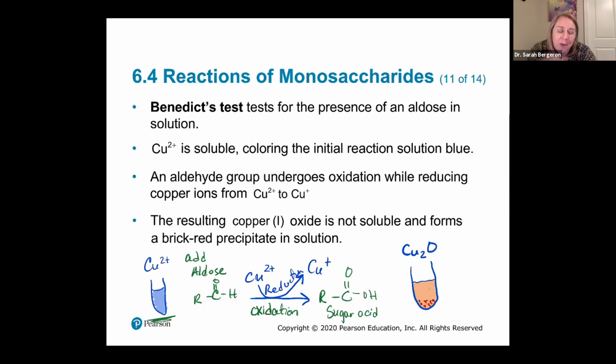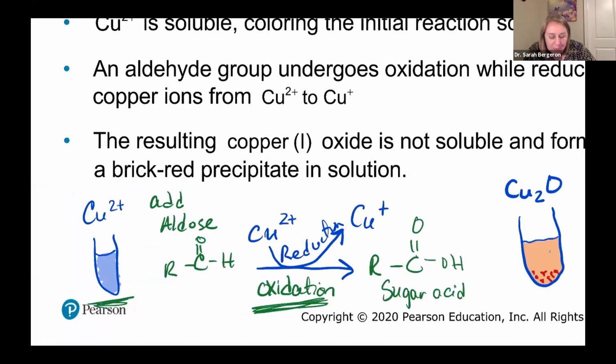Now, if you add a product in there that has the aldose, what's going to happen is it's going to undergo oxidation. And when it undergoes oxidation, we're going to add an oxygen. So here I went from a carbonyl, here's my carbonyl, bound to a hydrogen.